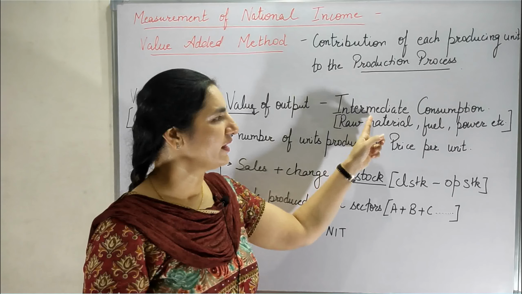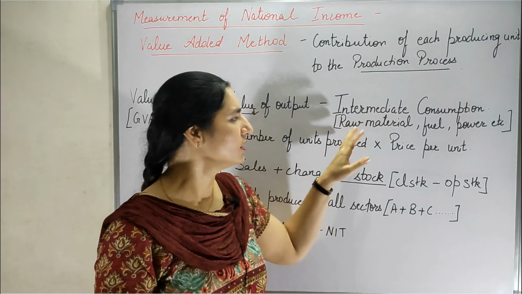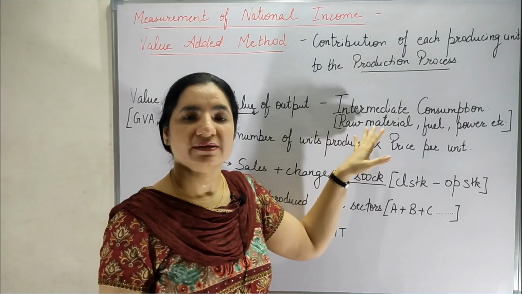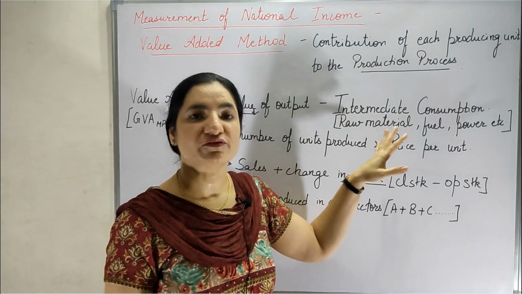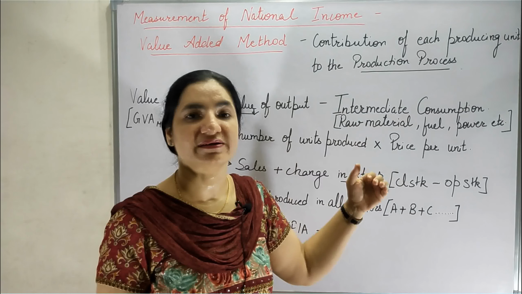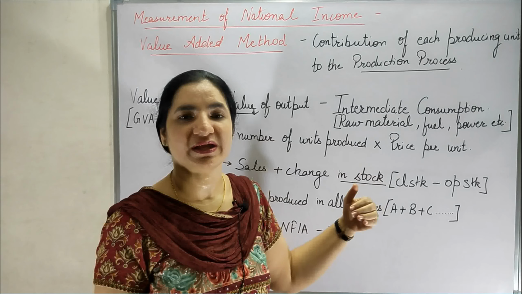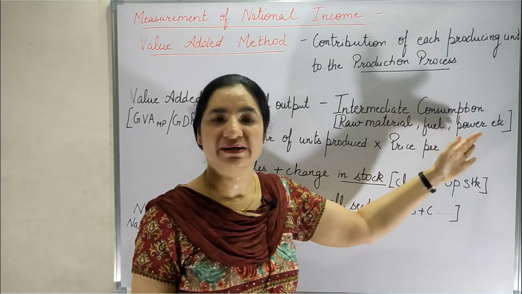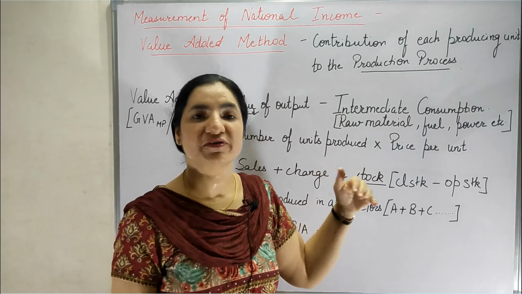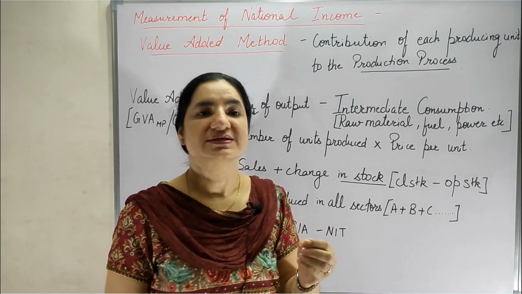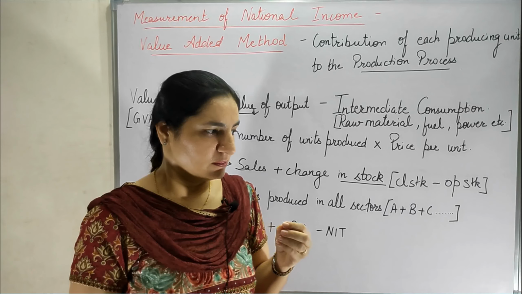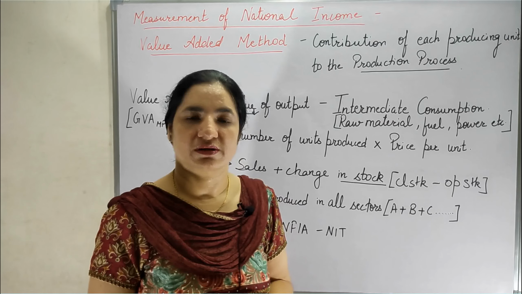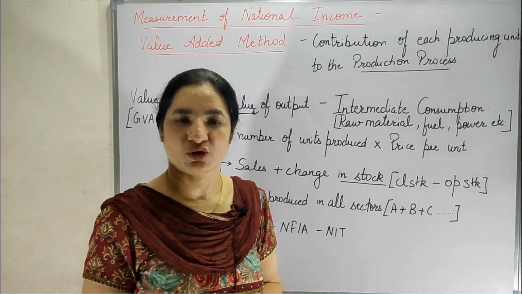So, here to find out the intermediate consumption, we will add raw material, then other intermediate consumption which will be included and raise the value or help in the processing of raw material, that is fuel, power, etc. It will be added. If any other kind of raw material, say for producing furniture, we need wood, it will be a raw material.